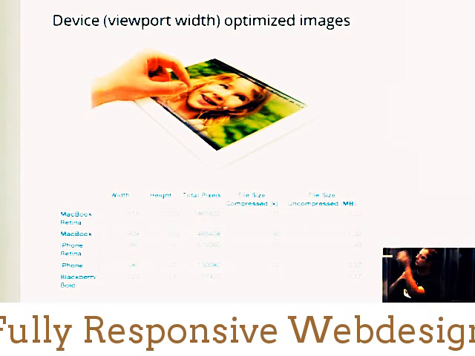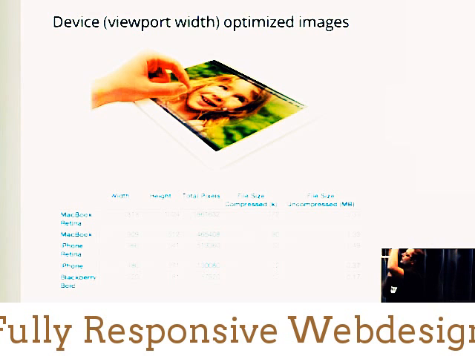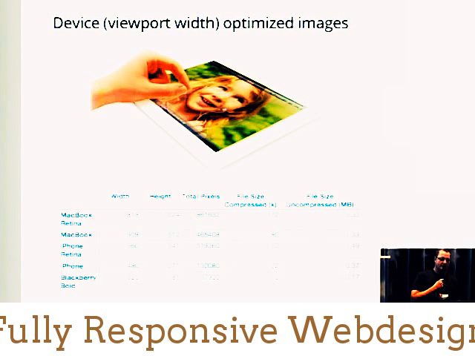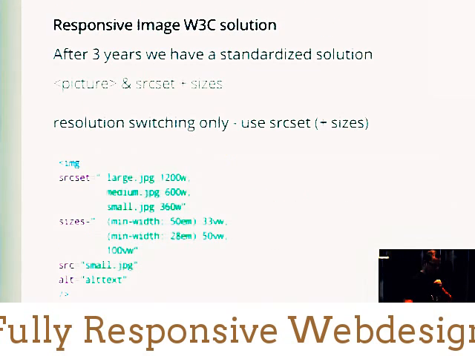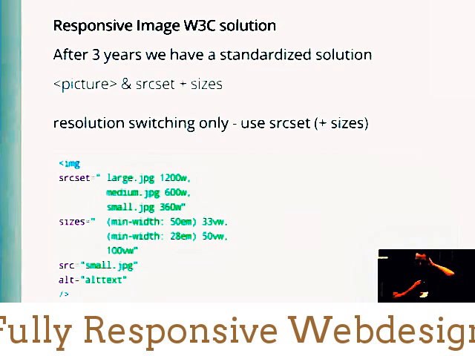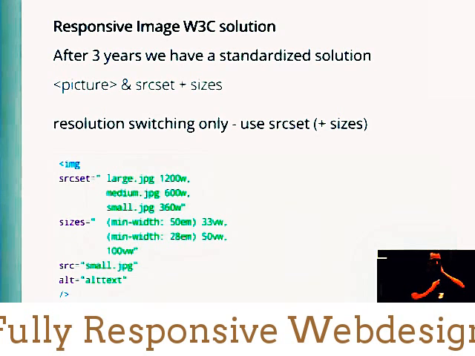Yeah, for a usual iPhone and an iPhone 4, it is 22 kilobytes, on only 0.37 megabytes of data in graphic RAM. So we need a responsive image solution, and now after 3 years we have a standardized solution.